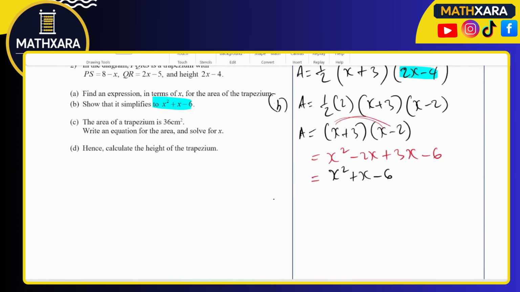We were told that the area of the trapezium is 36. So let us equate the area that we've just found in part B to 36. Again, we must write this as ax squared plus bx plus c equals 0. So we will subtract 36 from both sides of this equation.